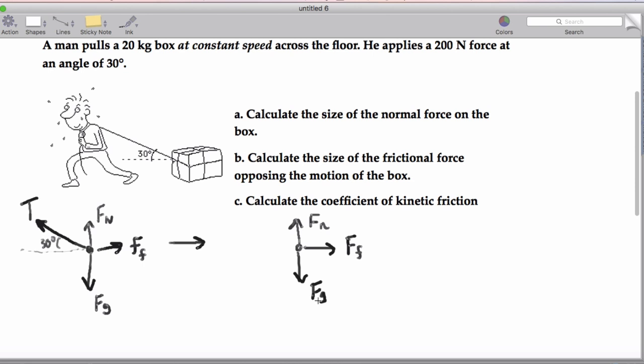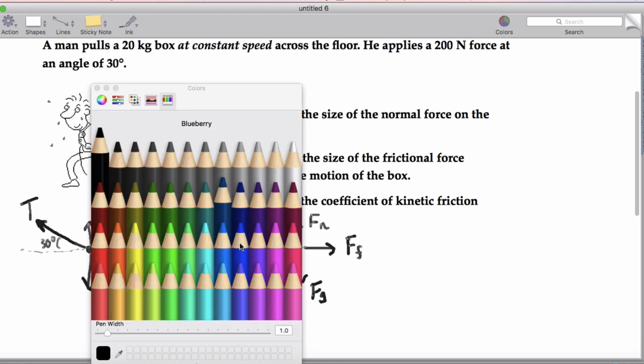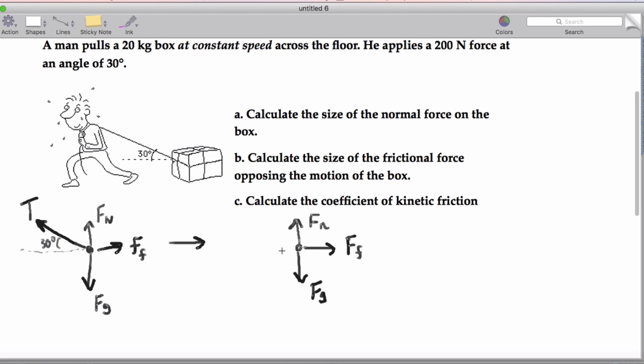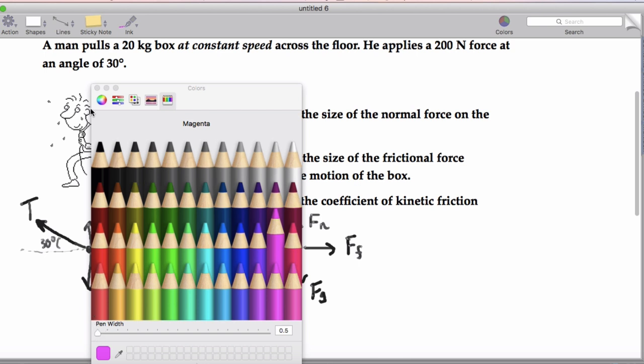And now this tension is going to get split into two pieces. The first piece we're going to have Tx, and the other piece is going to be Ty. And if we use our vector notation, you know what, I just want to make it a little bit thinner so we can read it.